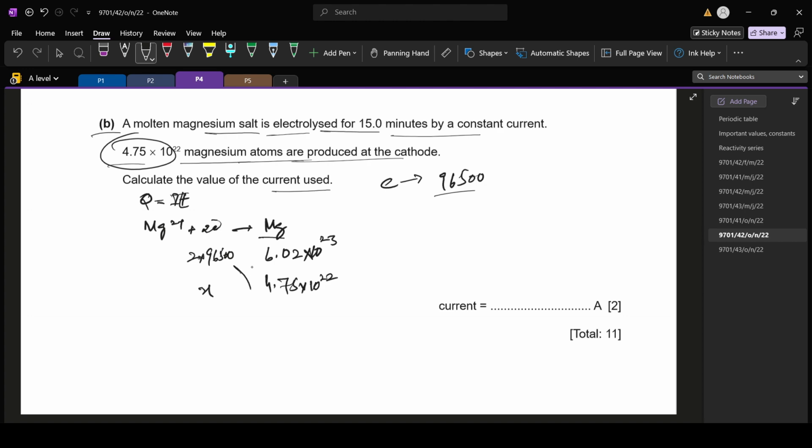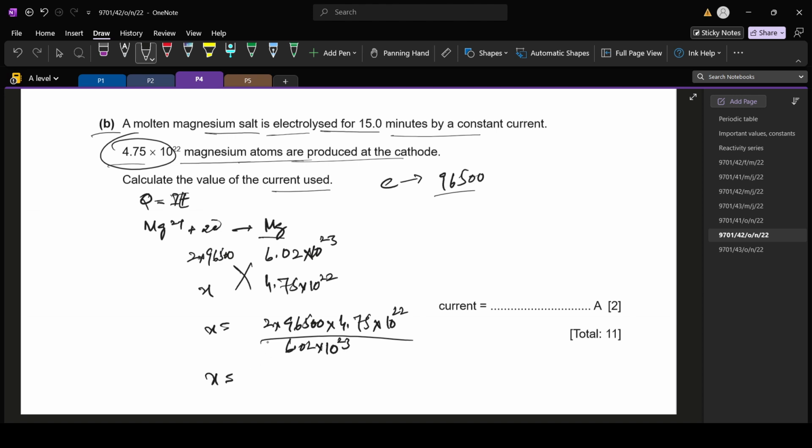By cross multiplication you will find the charge, and it is going to be 2 into 96500 multiplied by 4.75 into 10 to the power 22 divided by 6.02 into 10 to the power 23.